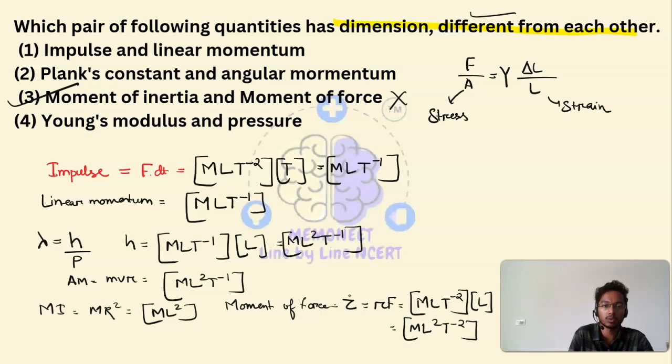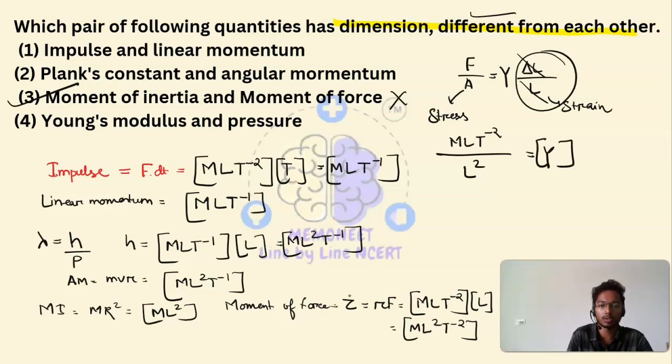Here f upon a is m L to the power minus 1 t to the power minus 2, and here length is cancelled out in the strain. So this is the dimensional formula of Young's modulus.